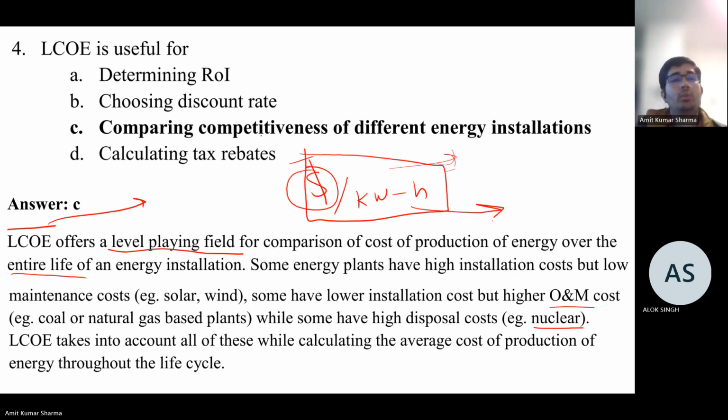So the correct answer for LCOE is useful for comparing competitiveness of different energy installation, so that we can compare different energy installation like solar, wind, coal, nuclear, and many more. This is a very useful tool. So the correct answer is option C. Any doubt?